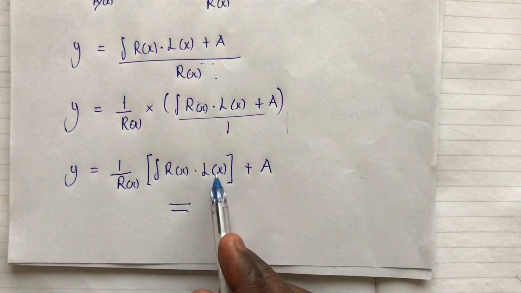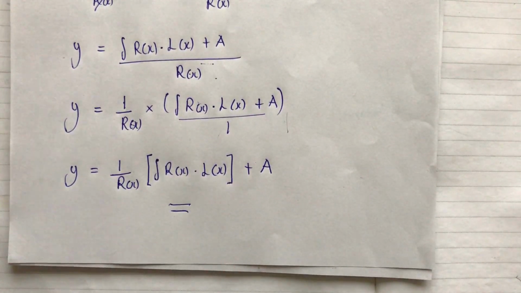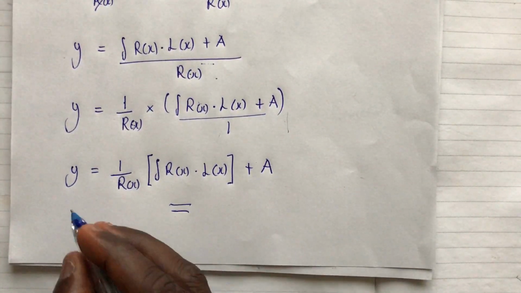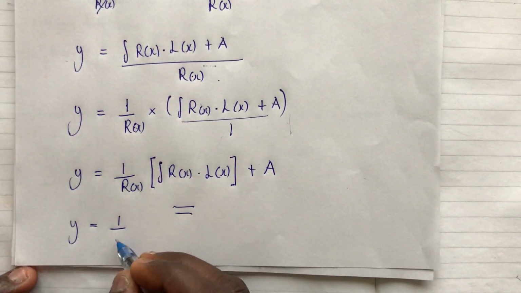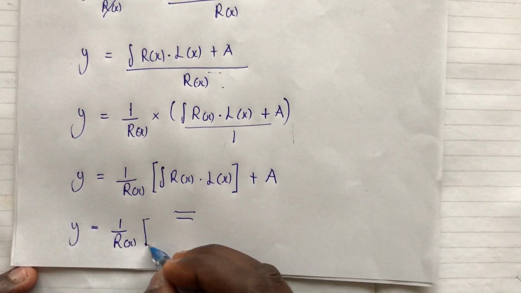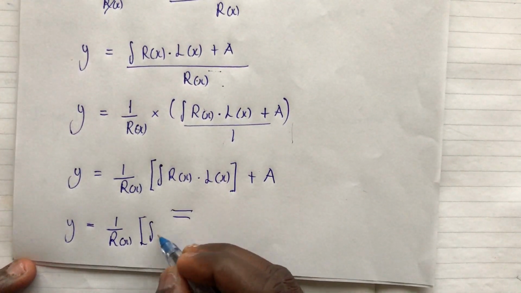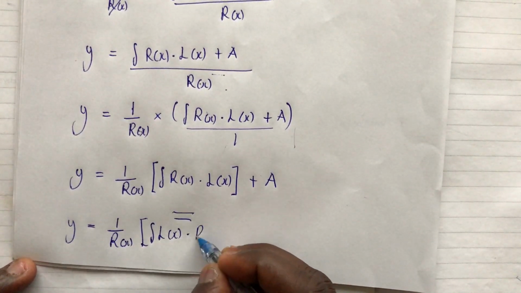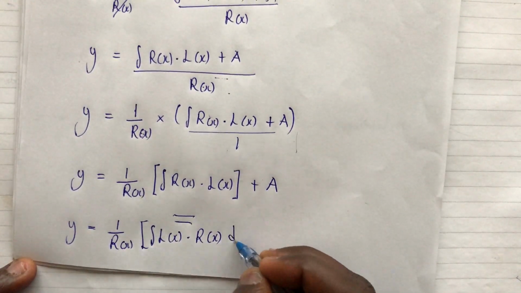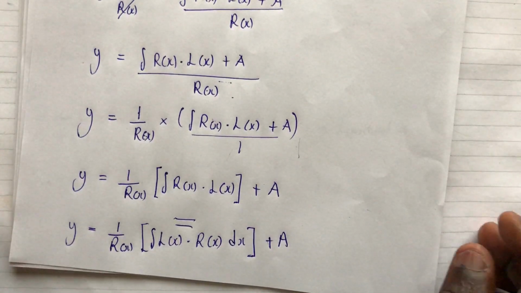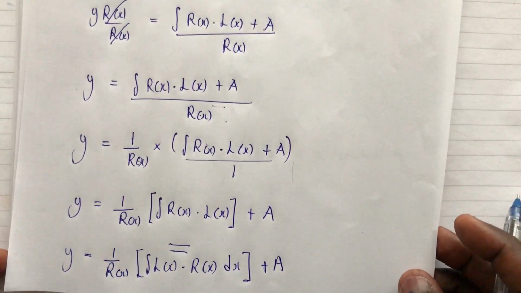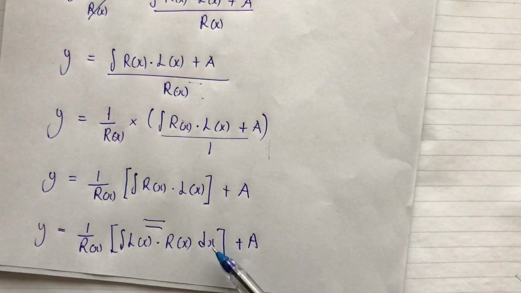You can choose to bring this variable here. Multiplication is commutative. I also left the dx function, so we can rewrite it: y equal to 1 over R of x multiplying the integral of L of x times R of x dx. So that is it, plus a. So don't forget that the dx, now why this dx?